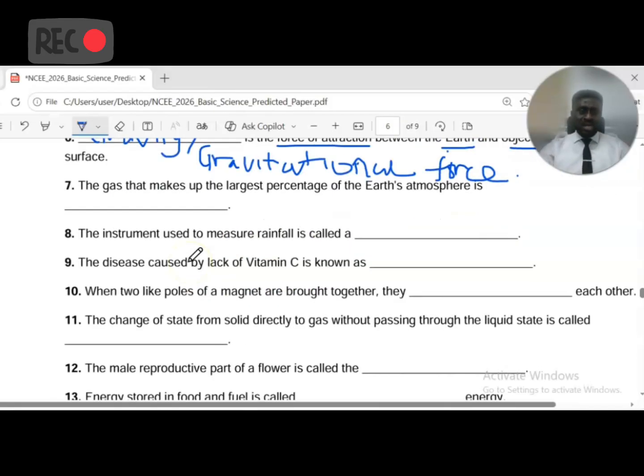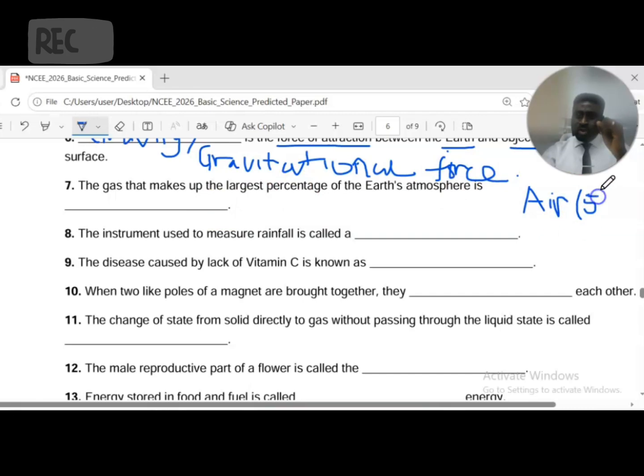Question 7. The gas that makes up the largest percentage of the Earth's atmosphere is called dash. What is the name of the gas that makes up the highest percentage of the Earth's atmosphere? Now there are 5 major types of gases in air. So air is a gaseous substance in the environment, and air consists of 5 components.